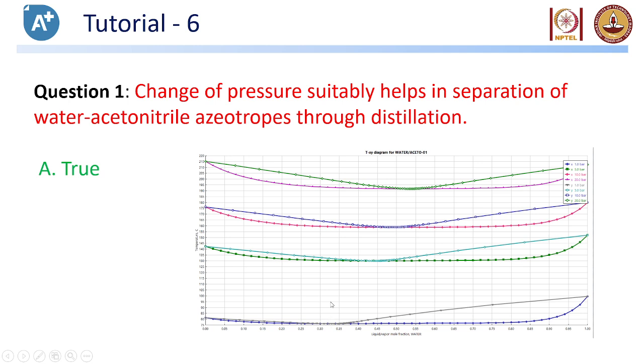Again, I'll increase the pressure, so now I'm in this zone, and I'll get another product. Essentially, between two columns, I have this azeotrope circulating and giving me two pure components from two columns. So this is how azeotrope is separated using pressure.